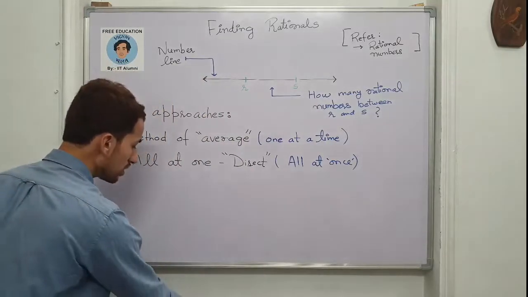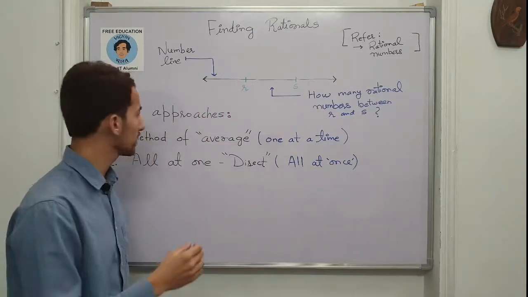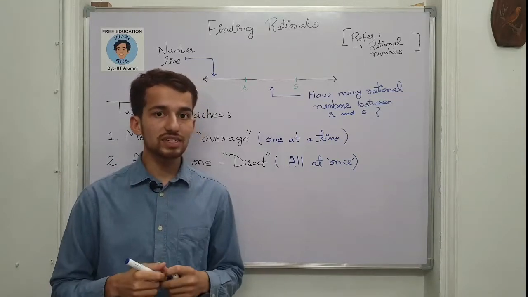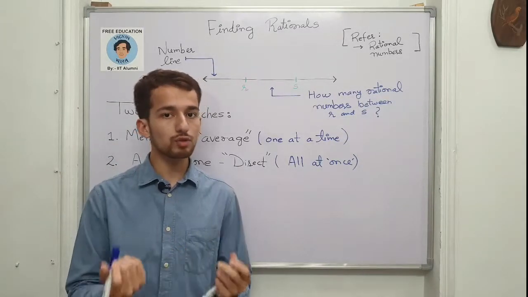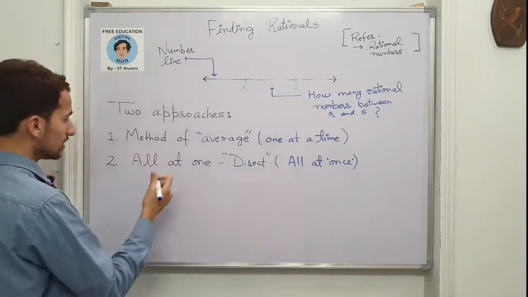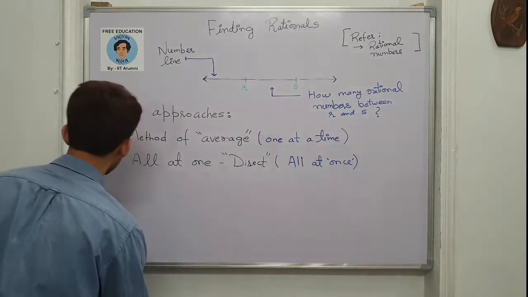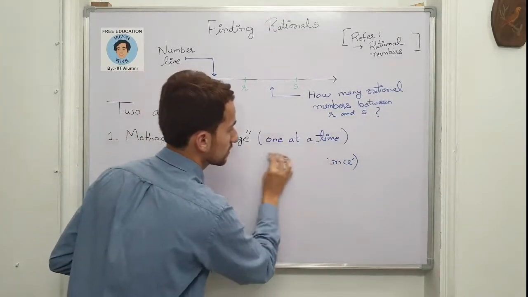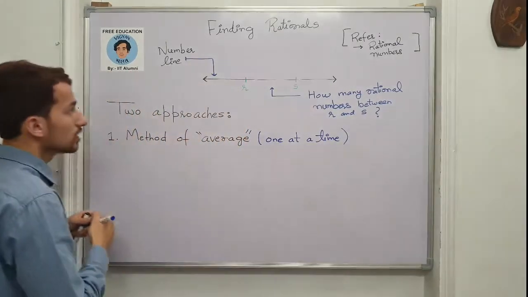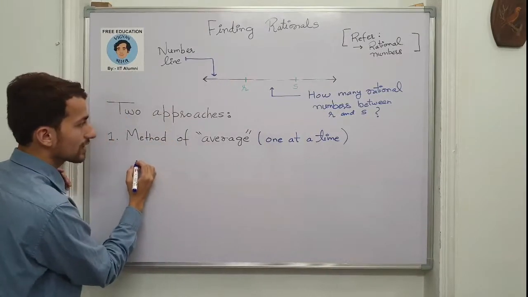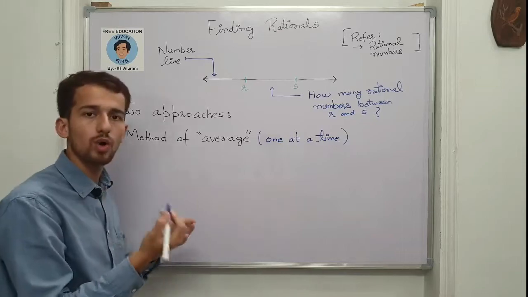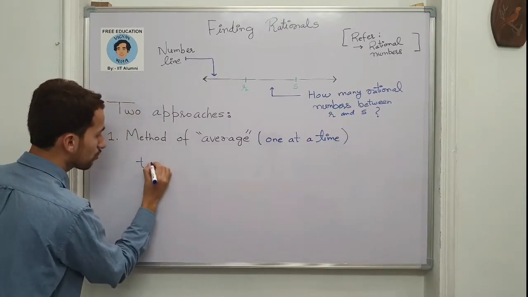Let's try to understand how to calculate using the first approach. From the very earlier classes, we have learned how to find an average of two numbers. Let me first try to understand the first one. In this case, what is that new rational number? Let me suppose we call it t, which we want to find.